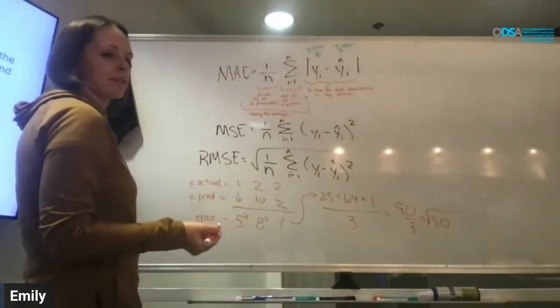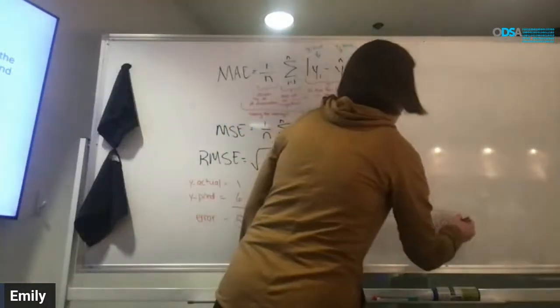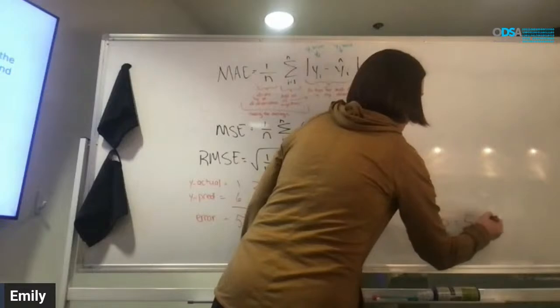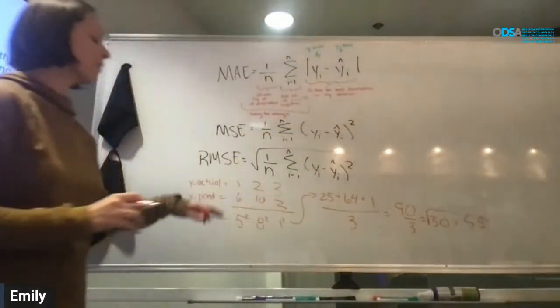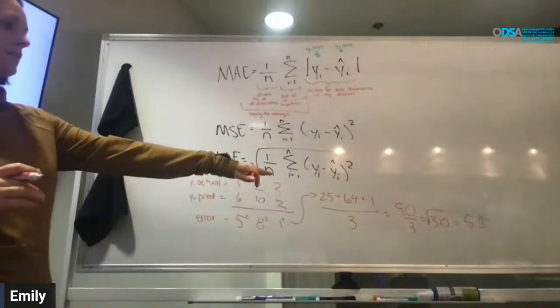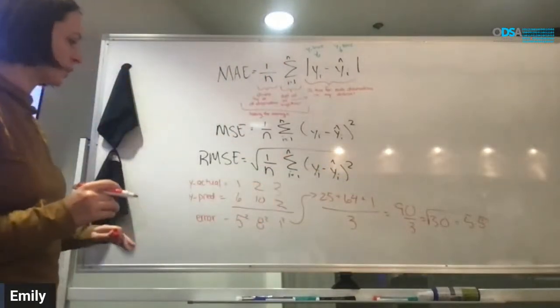Let's take the square root. I don't know the square root of 30. 5.4, 5.5, there we go. Root mean squared error. So we take the square root at the end. It's the same as mean squared error, we just take the square root.